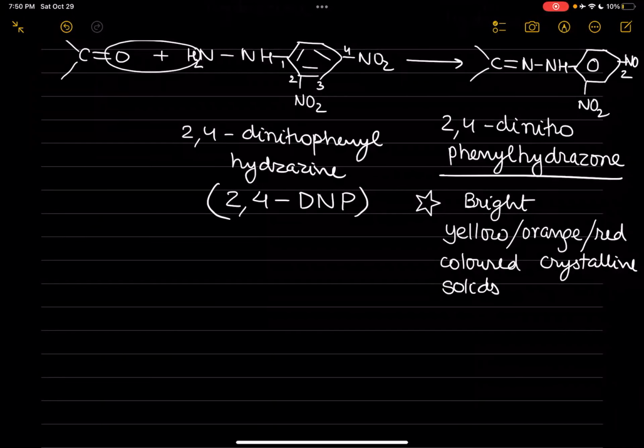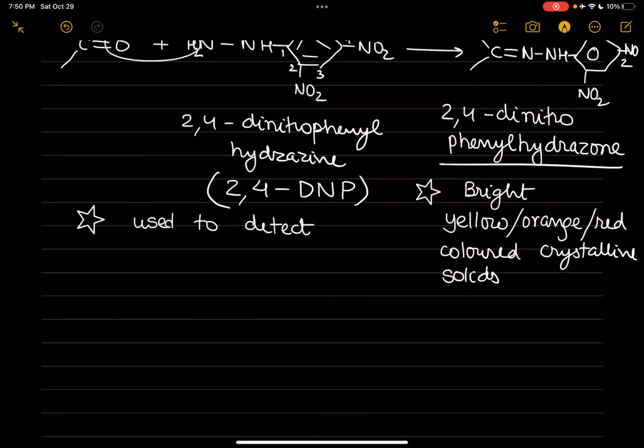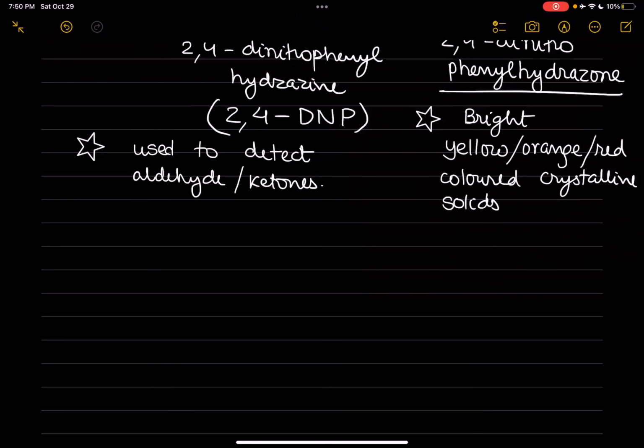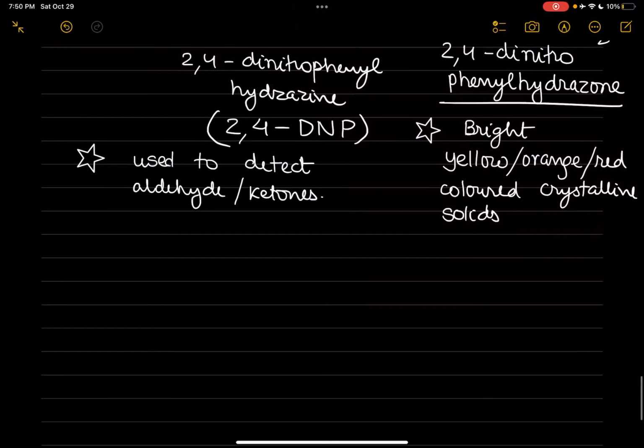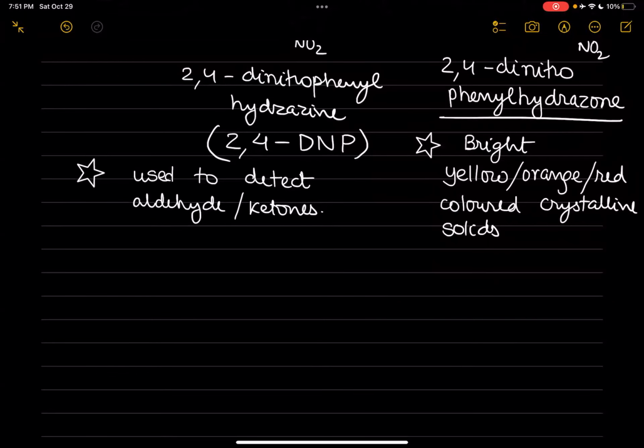So this is used to test aldehydes and ketones as a whole, not among themselves, whether it is aldehyde or whether it is ketone, but aldehyde and ketone from the rest of the other functional groups. Is it clear? Yes, sir.